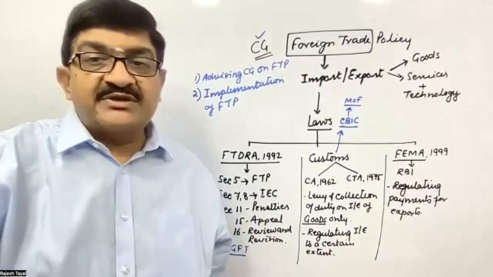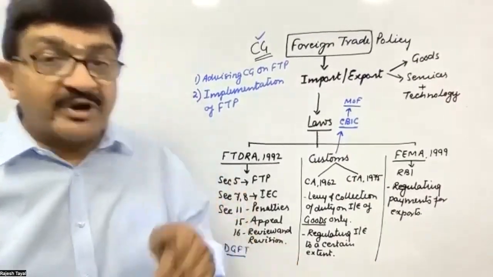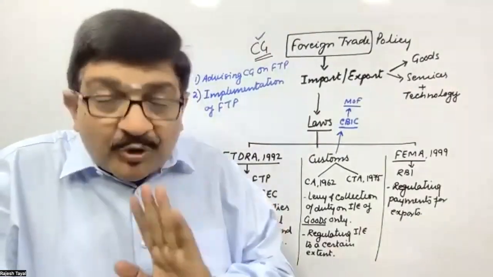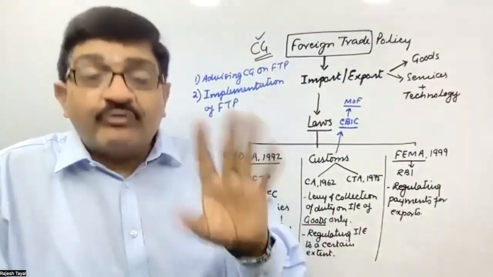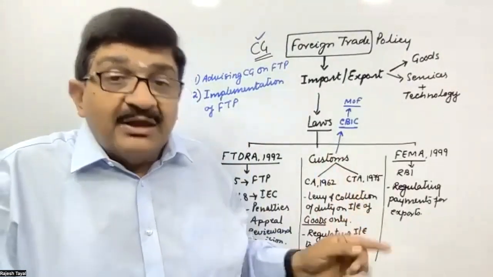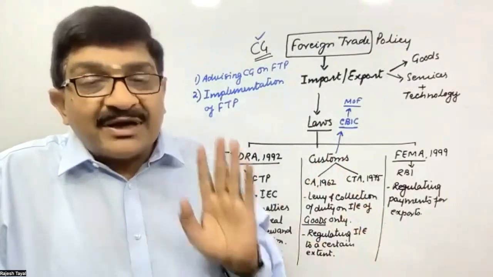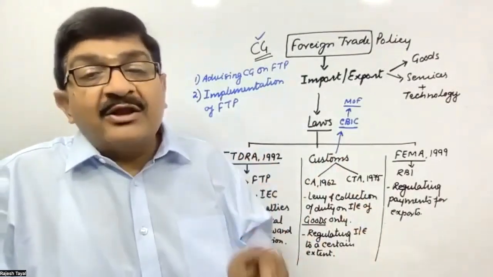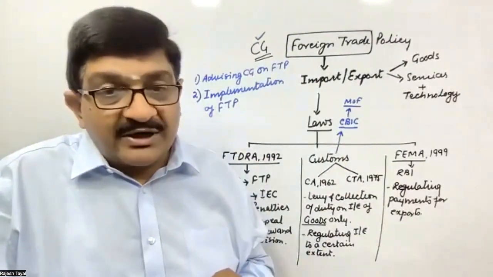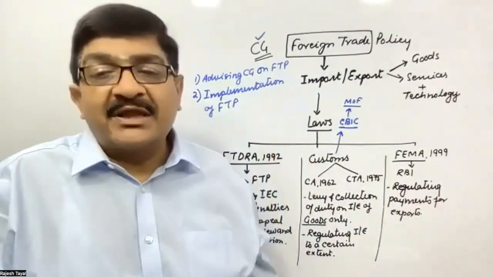Now, the next question is, if somebody is working outside India and wants to remit money to his relatives or family in India, not a problem at all. All inflows, all outflows are allowed, provided it is through the proper banking channel and the transaction is not a prohibited transaction. So remittance for maintenance of the family, either in India or sending money from India to your relatives abroad, is not a prohibited transaction.